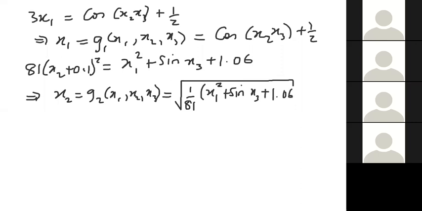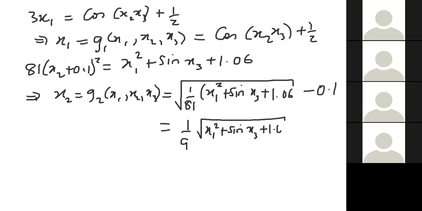Then the whole of this minus, so this one goes the other side, yes, minus 0.1. Right, so that this just reduces to 1 over 9, then square root of x1 squared plus sine x3, then plus 1.06, then minus 0.1.